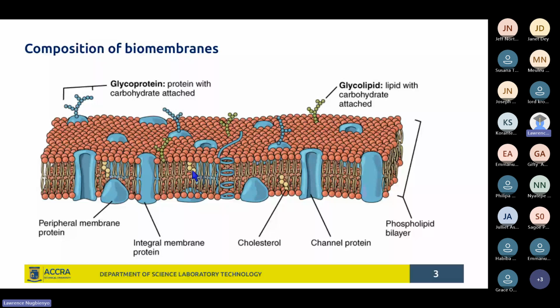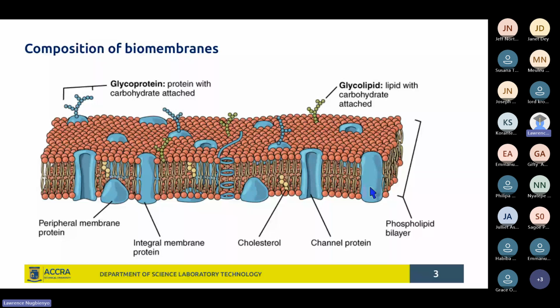So as you see here, the composition of biomembranes consists of mostly phospholipids, which are arranged in such a way that they form a phospholipid bilayer, and inside of this bilayer, you have other structures that are embedded, like some proteins. So you see some channel proteins.